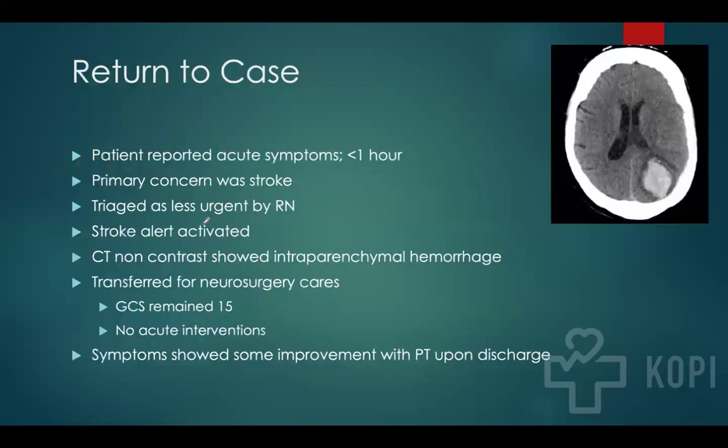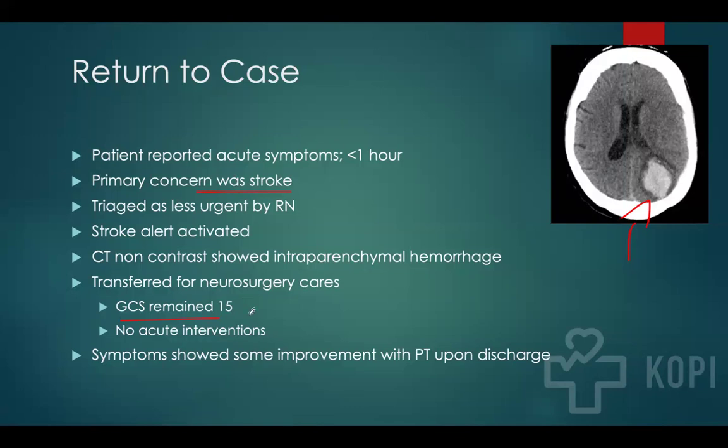So, the individual at the beginning of the lecture had an intraparenchymal hemorrhage that was causing his symptoms. This is representative of a scan that looks similar to his. He ended up having a stroke. We transferred him. They did non-operative care. His GCS remained 15.